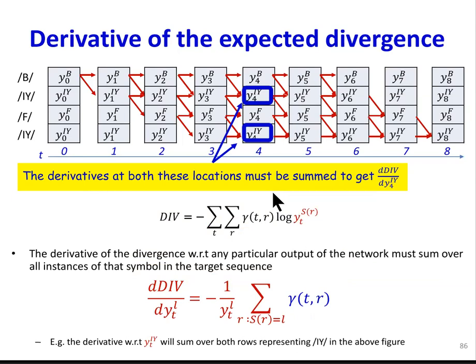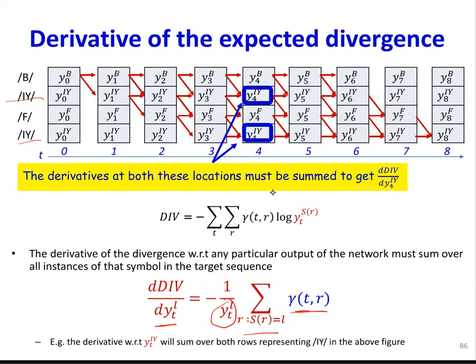So the derivative of the divergence with respect to the probability assigned to any symbol at time t is minus 1 over that probability times the sum over all rows where that symbol occurs of the gamma t,r. Obviously, if the symbol never occurs, this term is going to be 0, right? Yes, Karan, it's obvious. And it's obvious to most people. And as we know, most people are not most people.